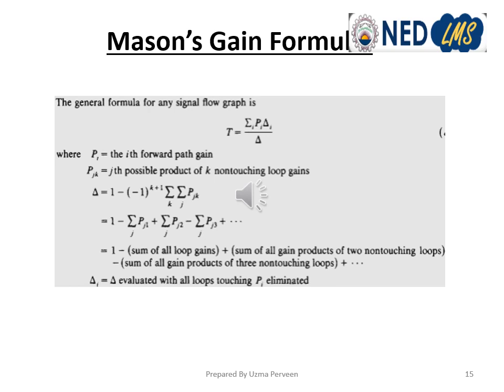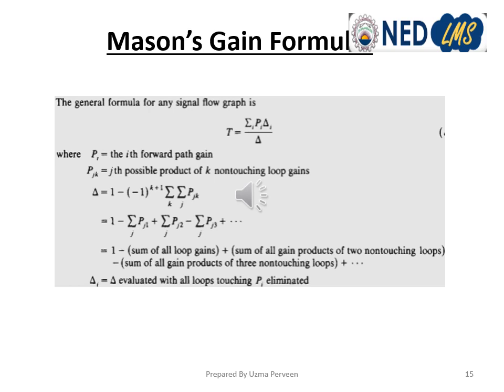Please keep in mind that this has alternate signs: plus, minus, plus, minus. Del equals 1 minus summation Pj1 plus summation Pj2 minus summation Pj3 plus summation Pj4 and so on. We'll see how we expand this formula when we find the transfer function or the transmission.